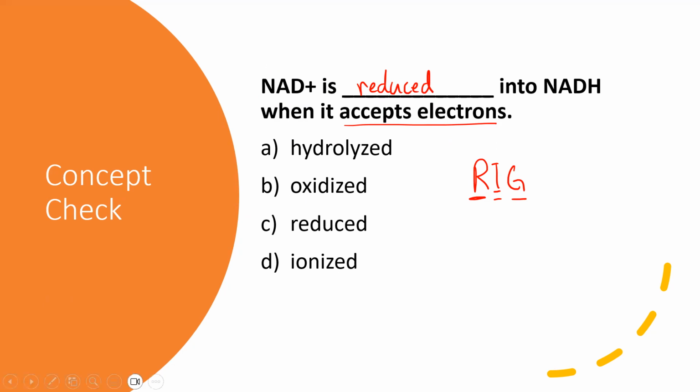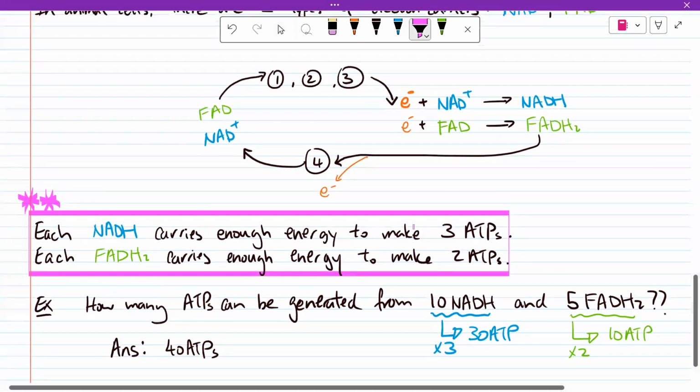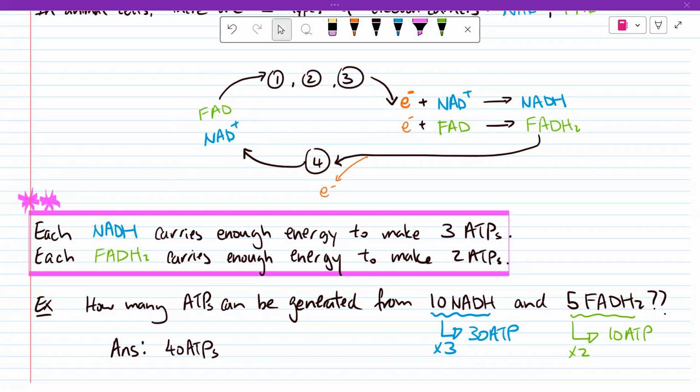To put it in an appropriate sentence, we are basically reducing the NAD plus and the FAD in steps 1, 2, 3. And when it gets to step 4, it's going to be oxidized back into FAD and NAD plus. Because then the electrons have to get off, right?